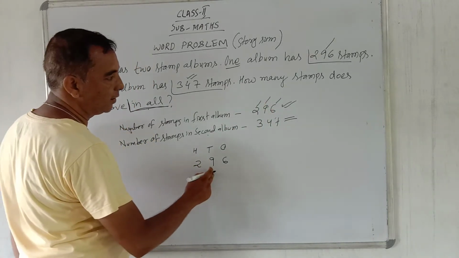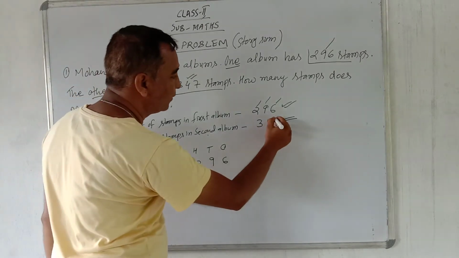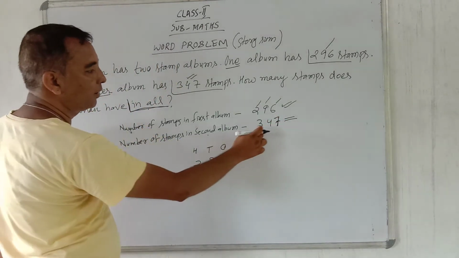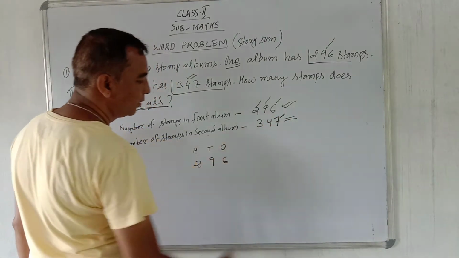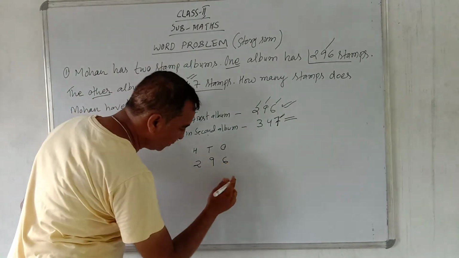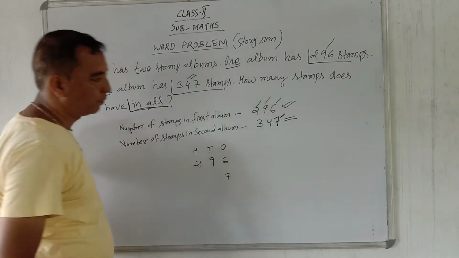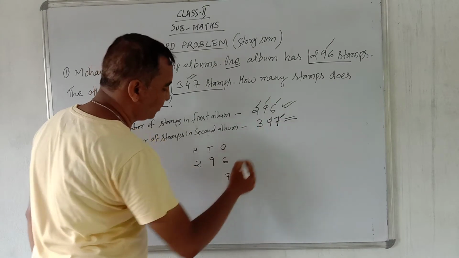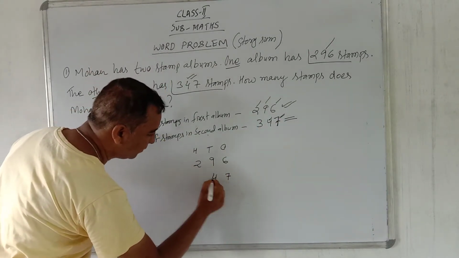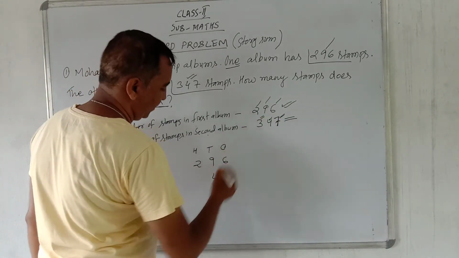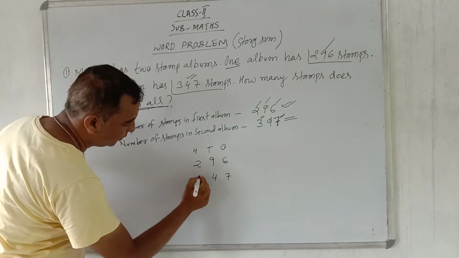It means 296. The other number is 347: 7 in the ones place, just below the 6; 4 in the tens place, just below the 9; and 3 in the hundreds place, just below the 2.